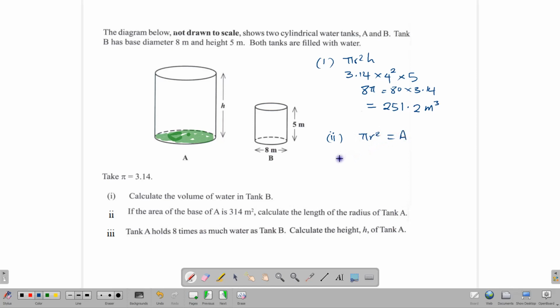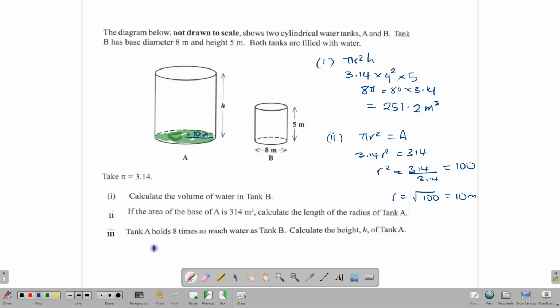So using the same 3.14, 3.14 r squared gives us the area, which is 314. Dividing that, we know that r squared is equal to 314 divided by 3.14, which gives us 100. And then r is the square root of 100, which gives us 10 meters. So the radius here is 10 meters.